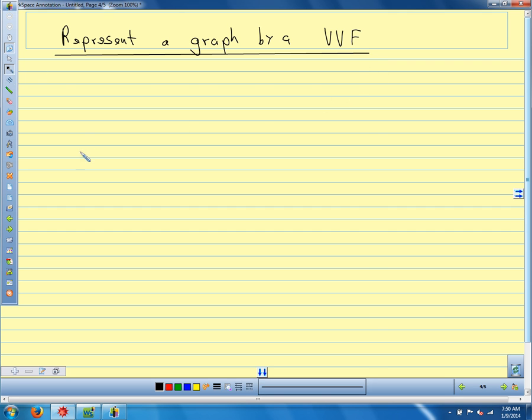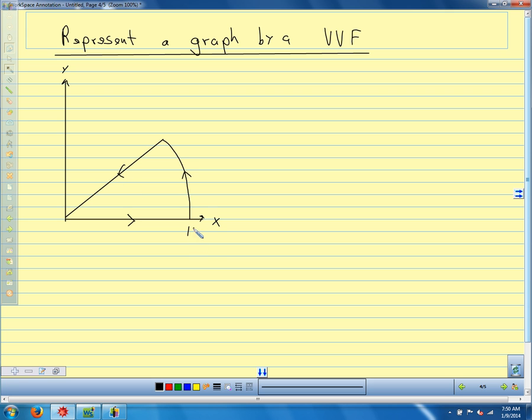All right, so we're given this graph, and we're in the plane here. And we're traveling along this graph. And this is at 10, and this angle is 45 degrees.